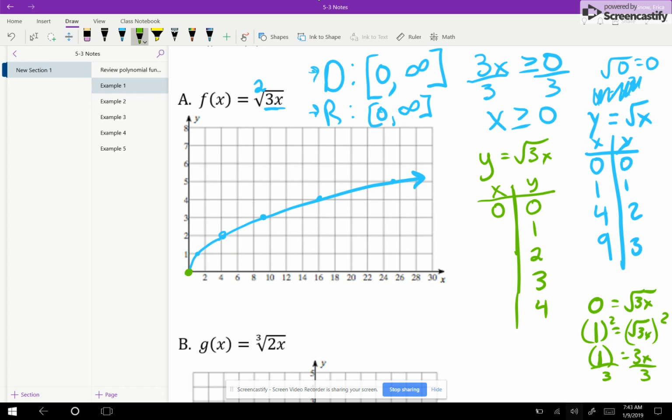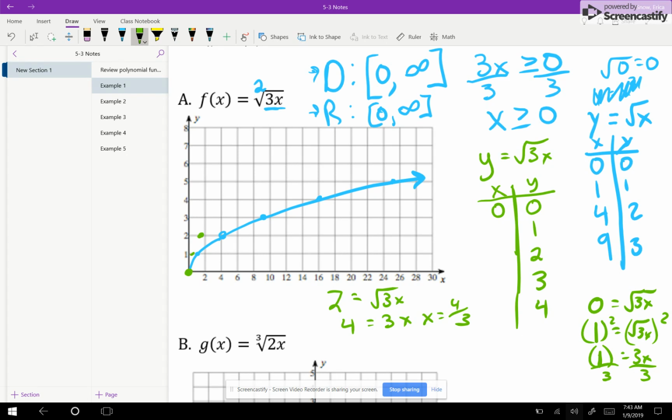So x is over here like this, not even at 1. Then if I plug in 2, so 2 equals the square root of 3x, and I square, I get 4 equals 3x. So x in this case is going to be 4/3, which is a little greater than 1. So at 2, that y equals 2, x is going to be a little bit bigger than 1.